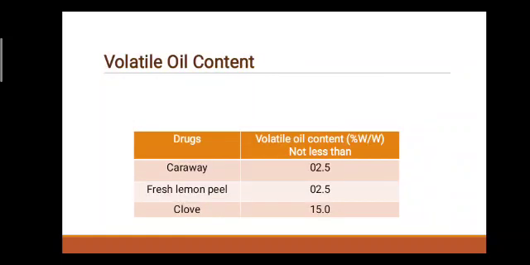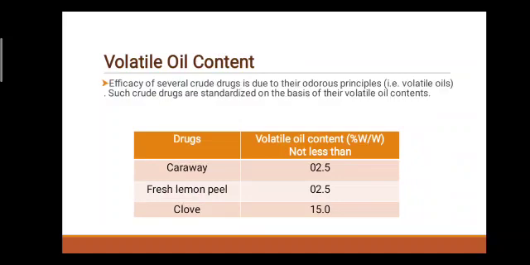The next, volatile oil content. Efficacy of several crude drugs is due to their active principles, that is volatile oils. Such crude drugs are standardized on the basis of their volatile oil contents. A few examples are quoted here.